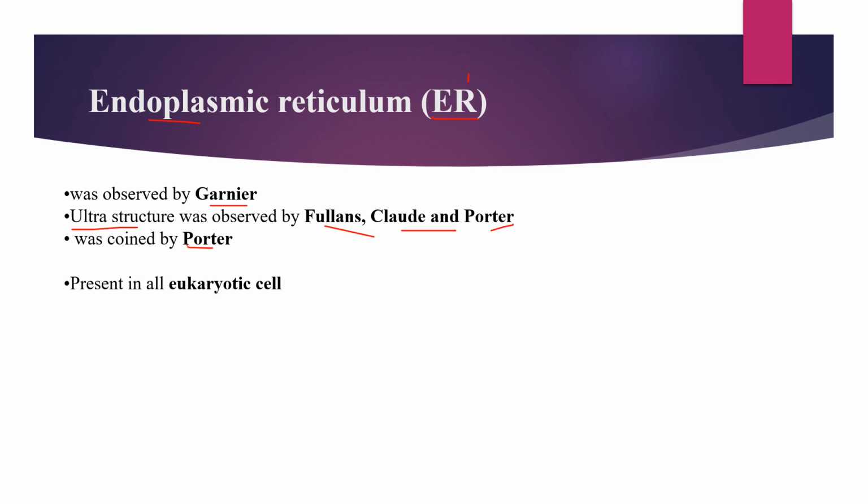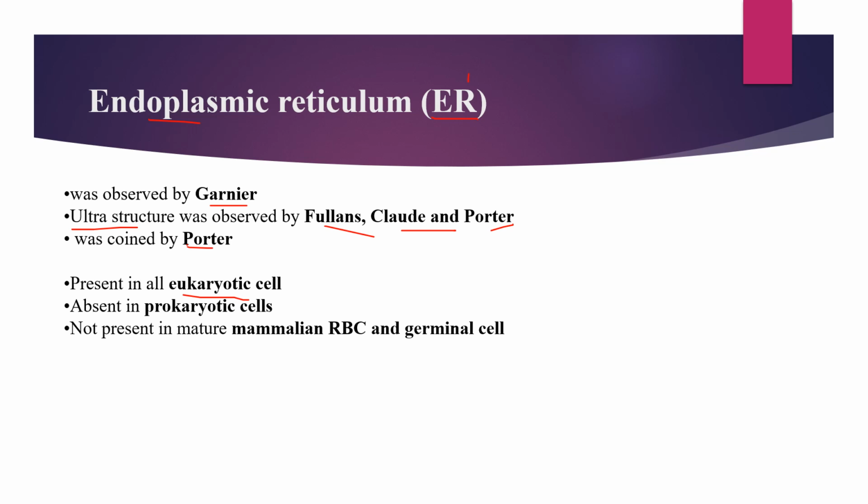So endoplasmic reticulum is present in eukaryotic cells, whereas it is absent in prokaryotic cells, because a prokaryotic cell does not contain a proper nucleus or membrane bounded organelles, and endoplasmic reticulum is a membrane bounded organelle.